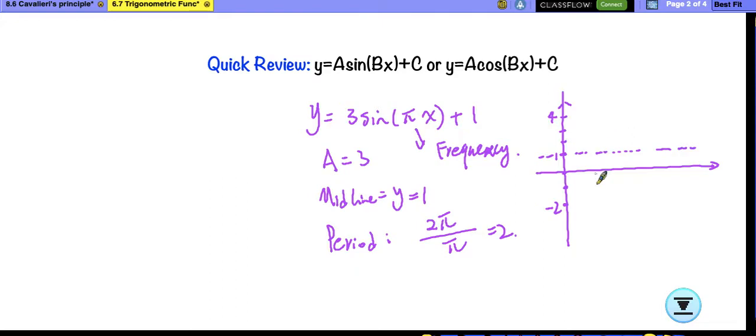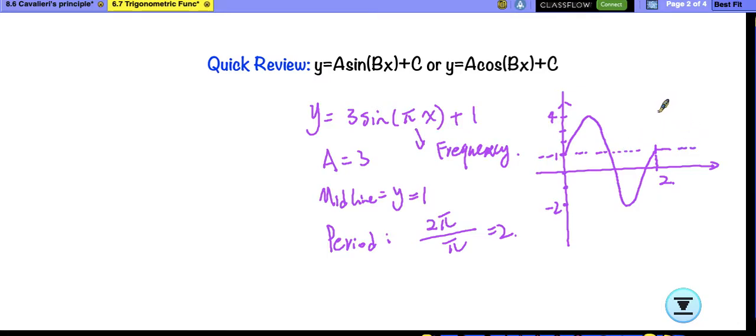We also know the period is 2, so one wave is 2 units long. Since it's a sine, we start at the middle, go highest, go lowest, and then come back. So you see it's easy to get a draft idea of how the wave looks. That's basically a quick review.